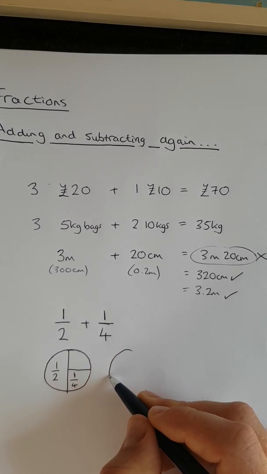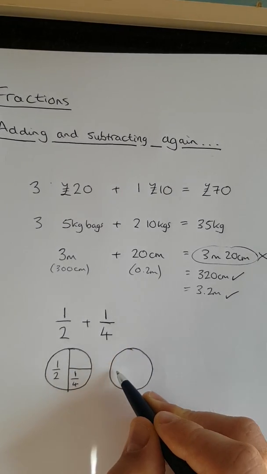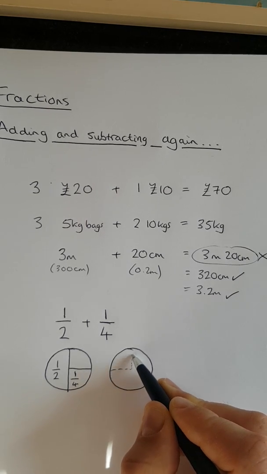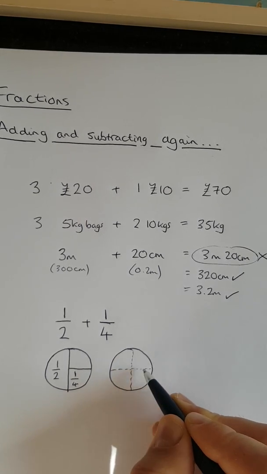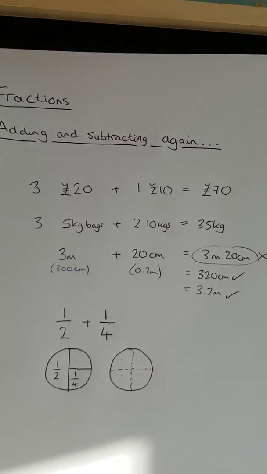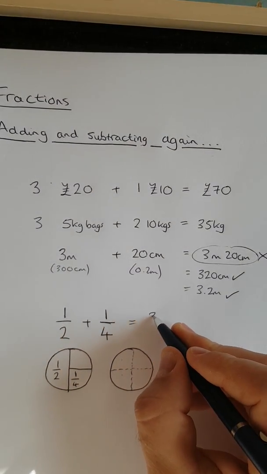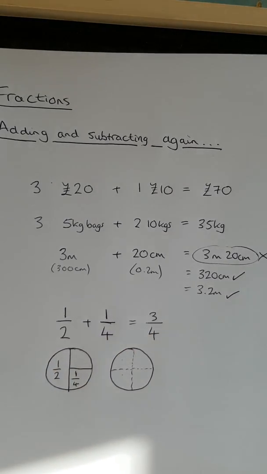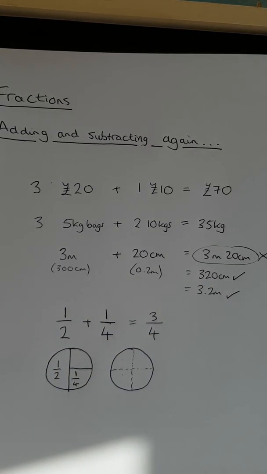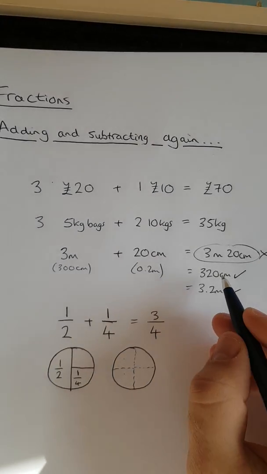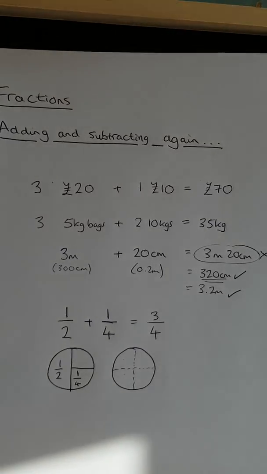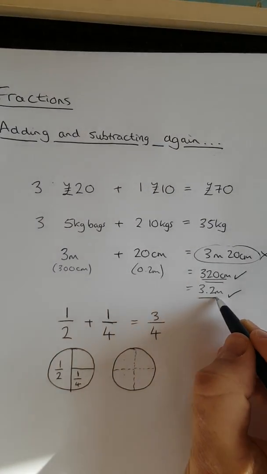Some of you will instinctively think, well, actually, a half there and there is 2 quarters. So the answer is 3 quarters. Now what you did in that question is exactly the same as the person who gave 320 centimetres or 3.2 metres.